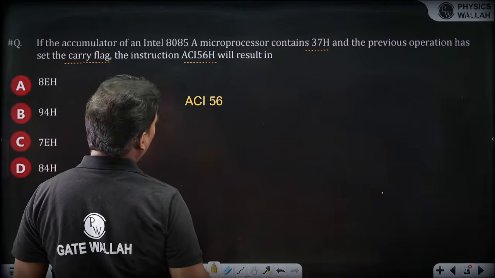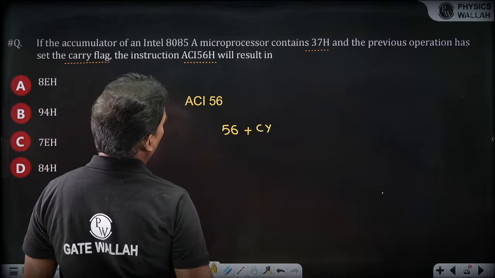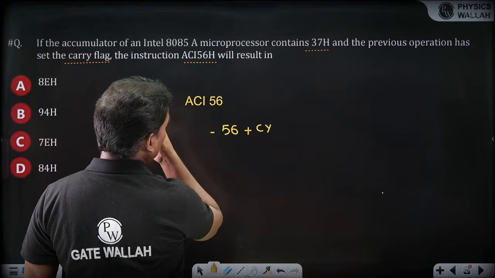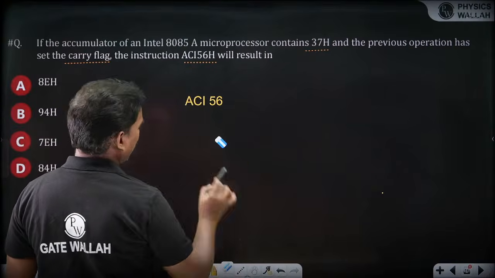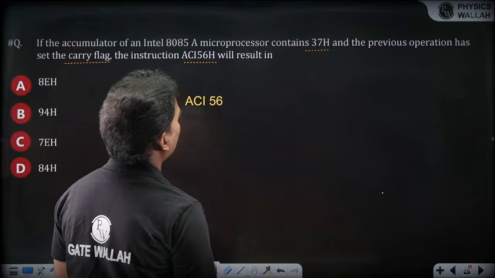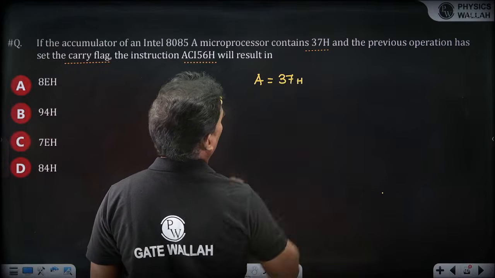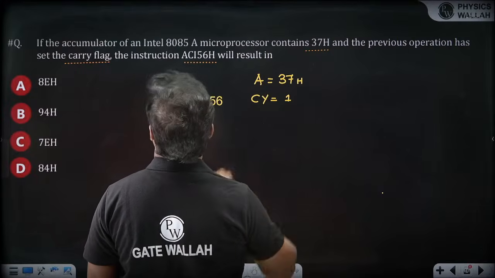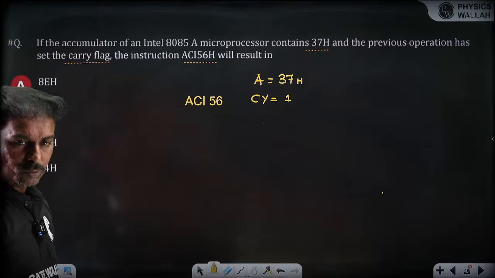So that means 56 will be added with the carry, and immediately what is going to be added, the accumulator. So before this, what is the scenario here? The accumulator contains 37, so A is equal to 37H, and the previous operation has set the carry flag, so carry flag is equal to 1. The instruction ACI 56H, so now 56 has to be added to this.